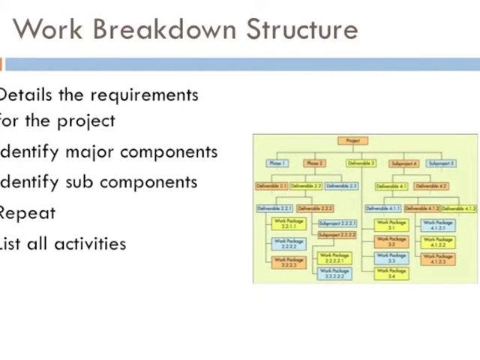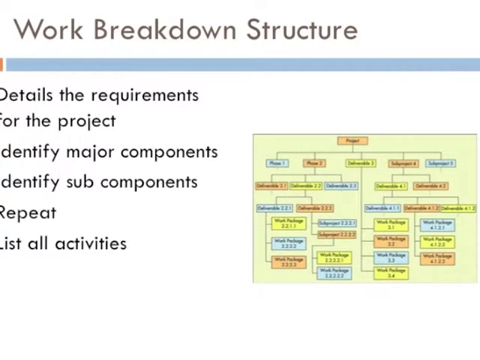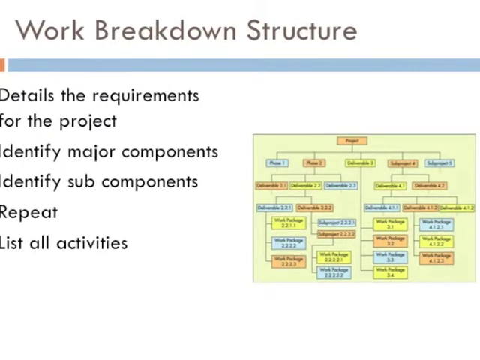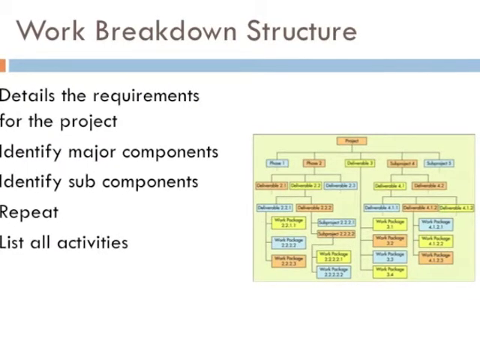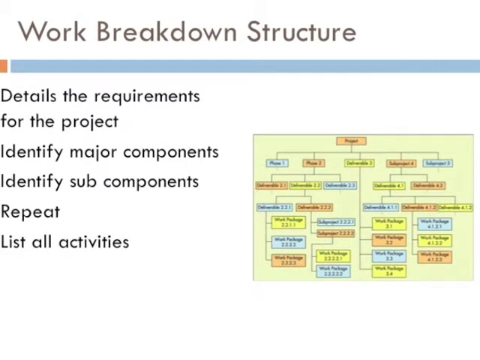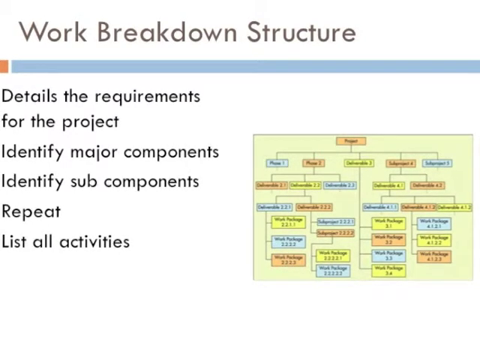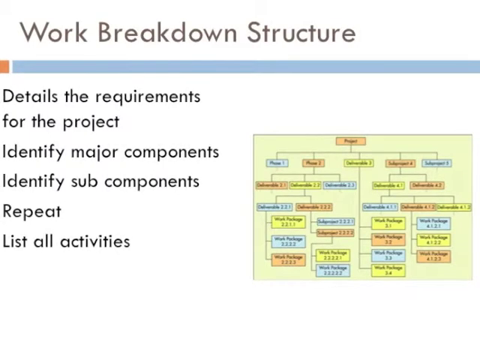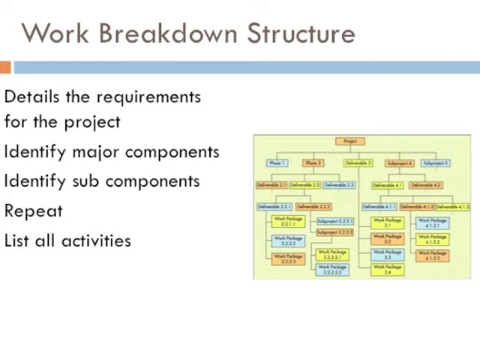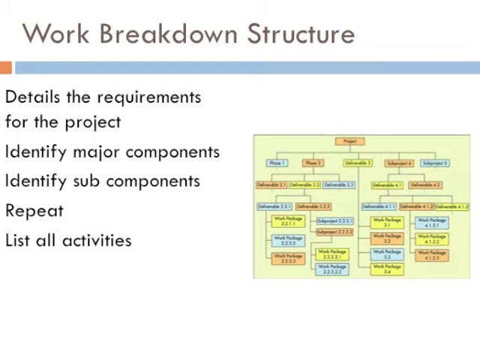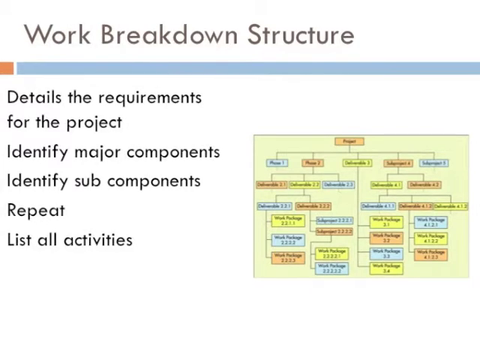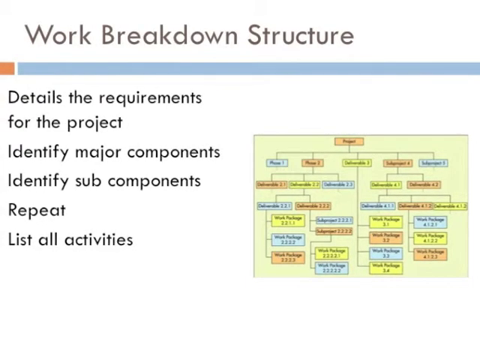Because a large project usually involves a large amount of work, it is decomposed into smaller components. A work breakdown structure is a hierarchical listing of what must be done during the project. It is for a project what the product structure tree is for a product. The first step in developing a work breakdown structure is to identify the major components of the project. These could be the phases of the project, deliverables, or sub-projects.